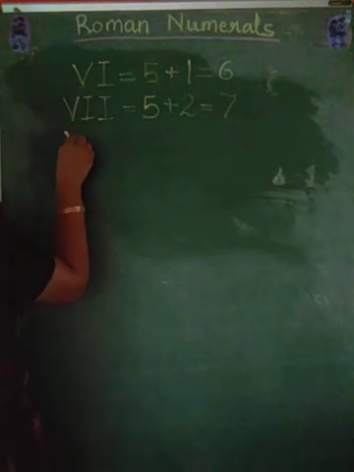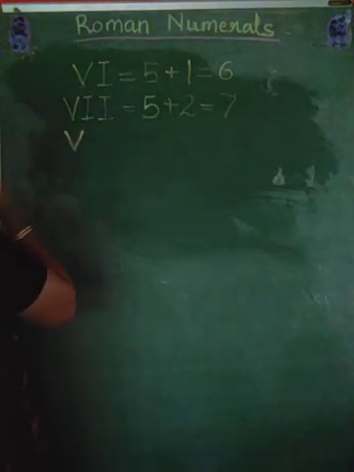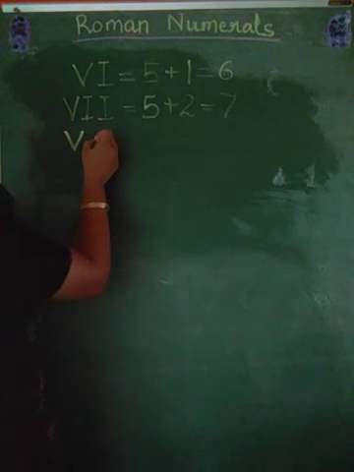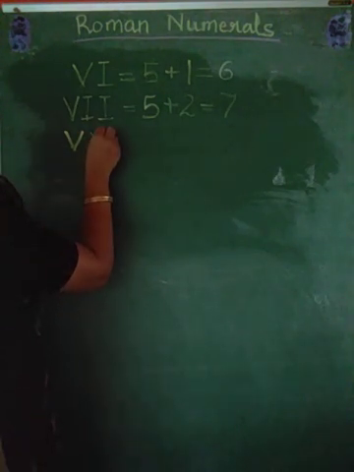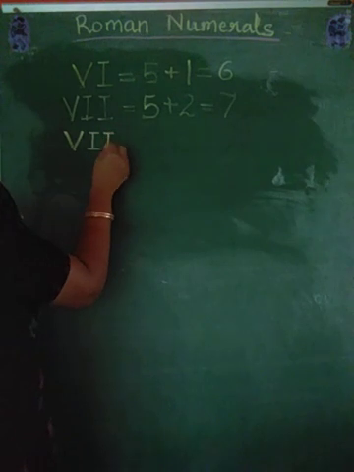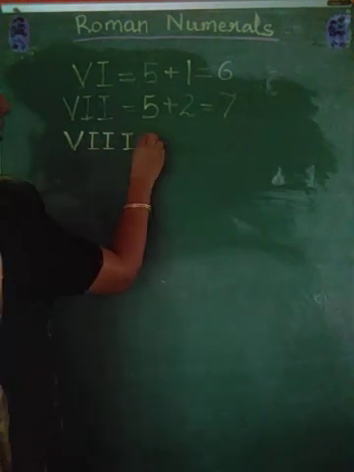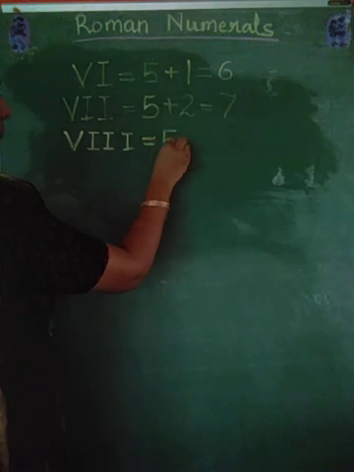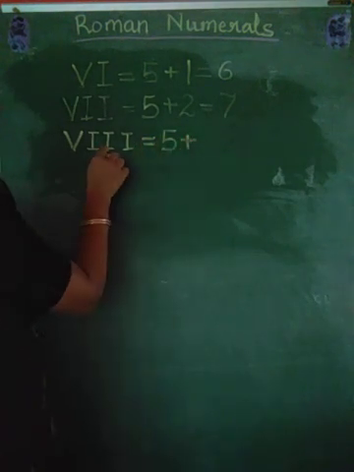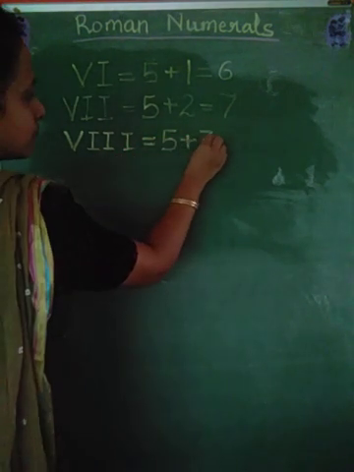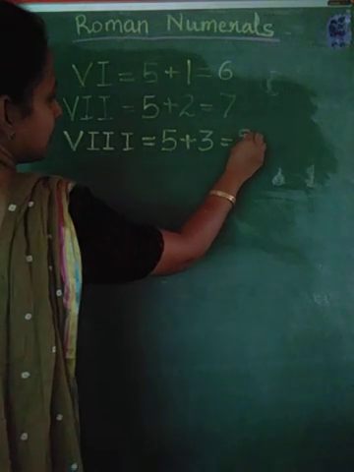Now let us write this, VIII. The value will be equal to 5 plus 1, 2, 3 equal to 8.